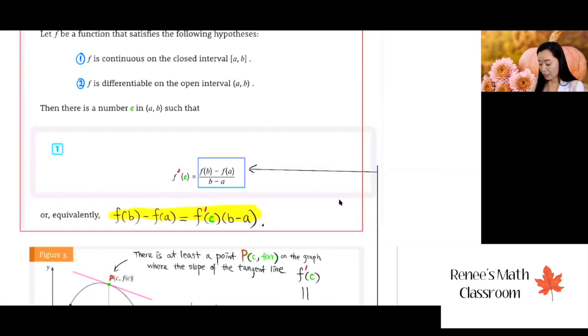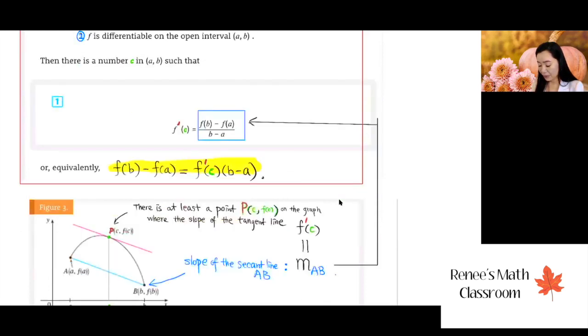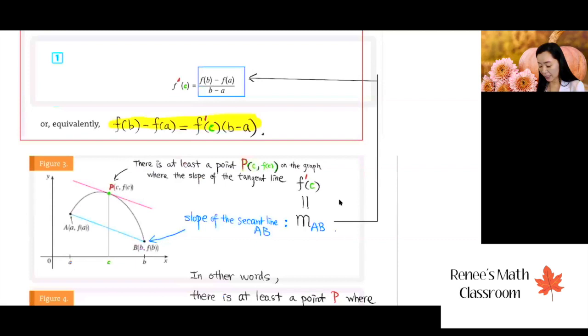When the function is continuous on the closed interval and differentiable on the open interval, there is at least a number c between a and b such that the tangent line here is going to be parallel to the secant line that passes through the two endpoints a and b.